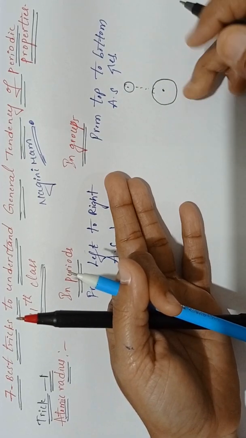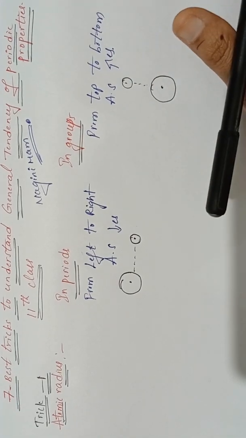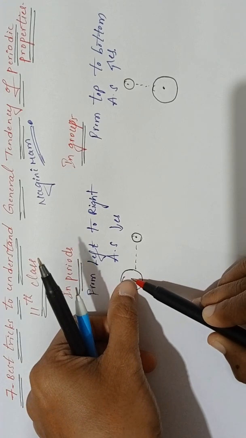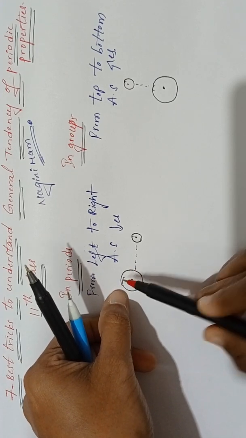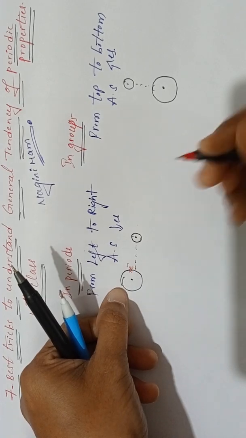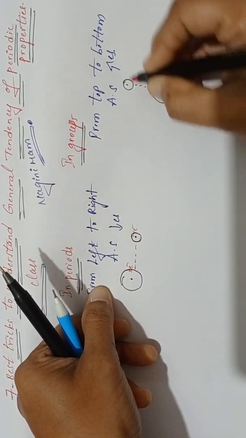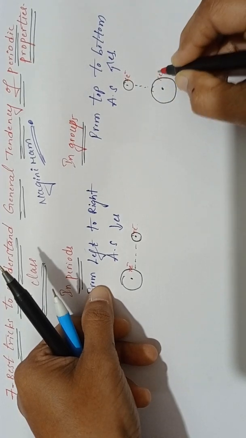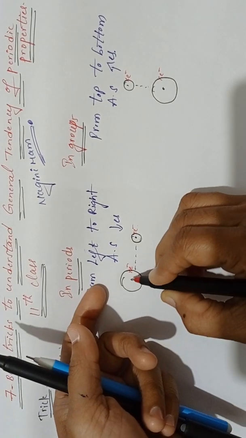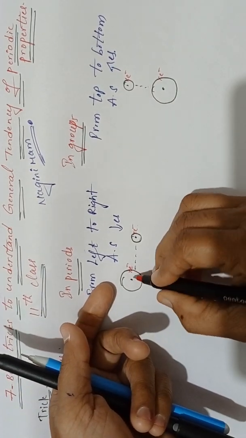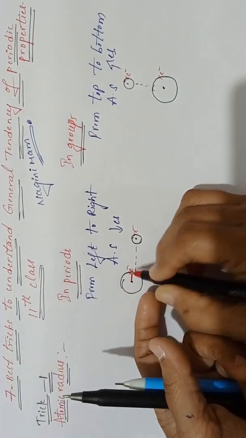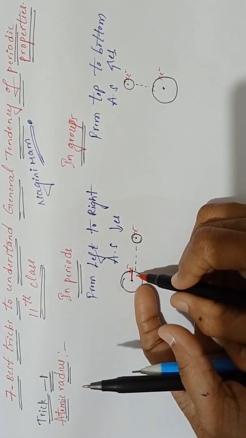So this is the nucleus, this is the nucleus. Suppose this is the outermost shell, and here there is an electron, suppose a valence electron. Here also an electron, here an electron. See, students, from nucleus to outermost shell, this distance is the atomic size, so atomic size is more here.